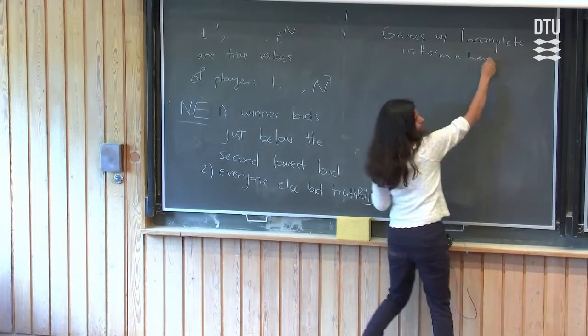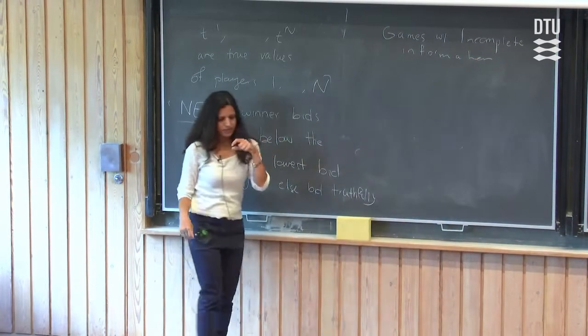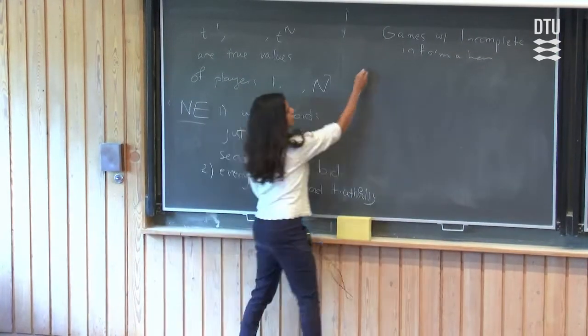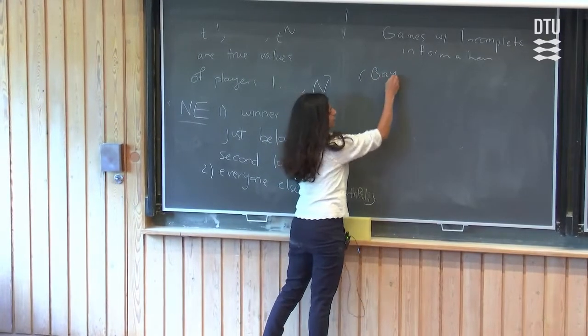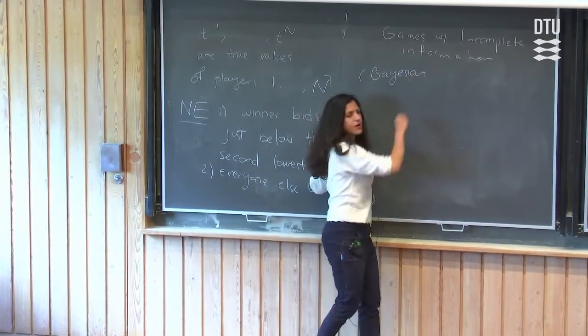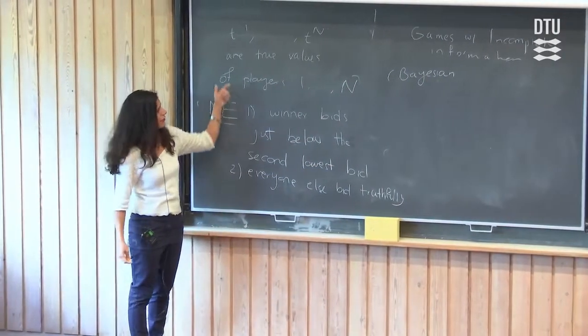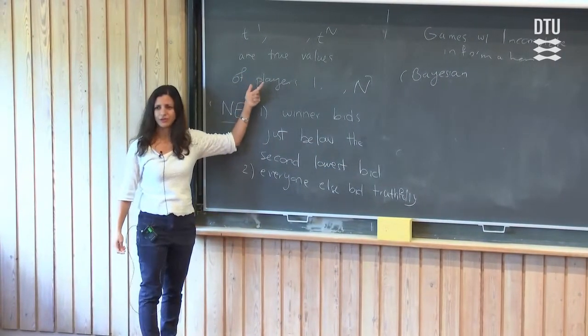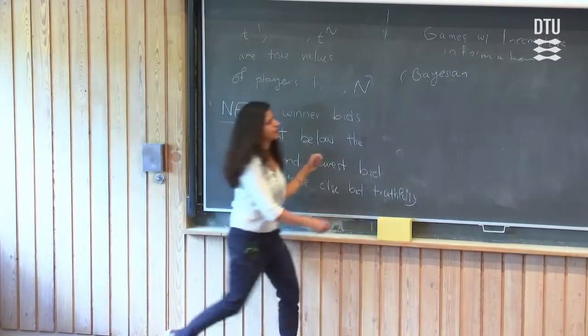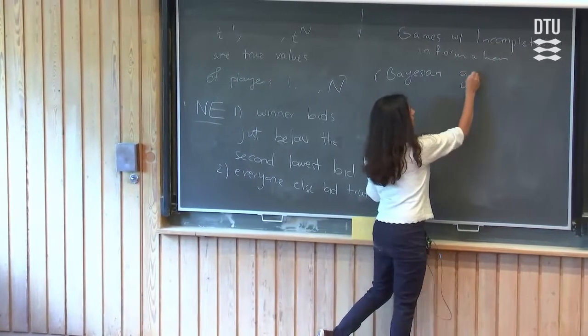The standard setup to look at this problem is through a Bayesian formulation, where you associate a probability distribution, a prior, on what other players' true values can be. Bayesian games.